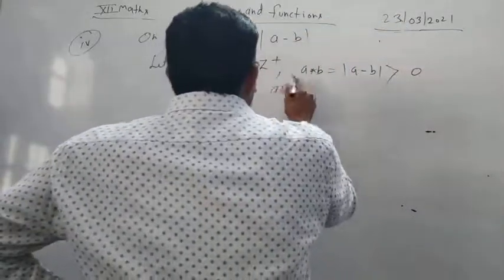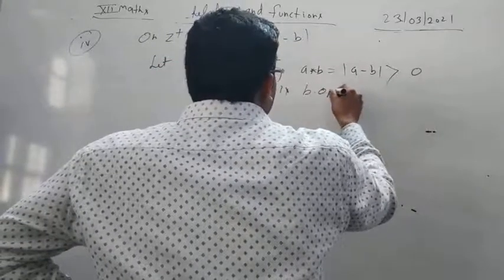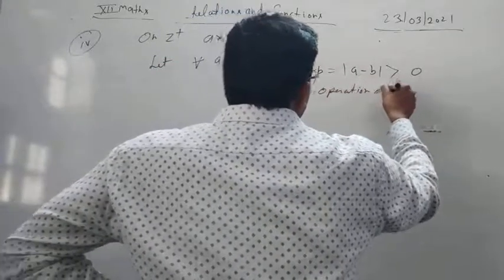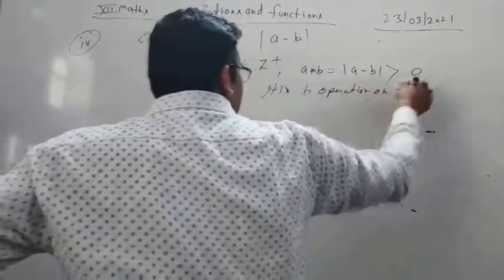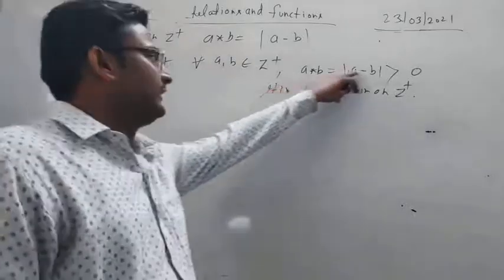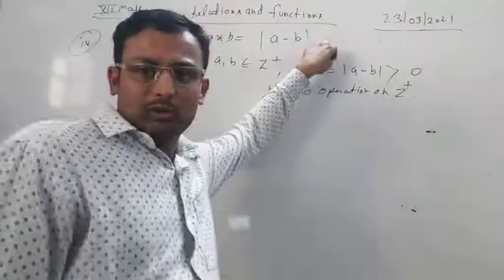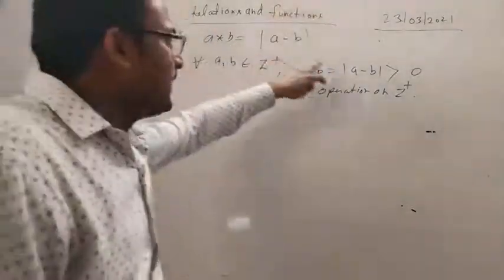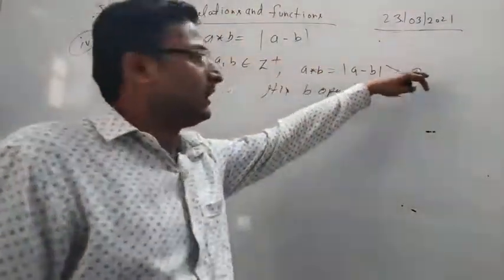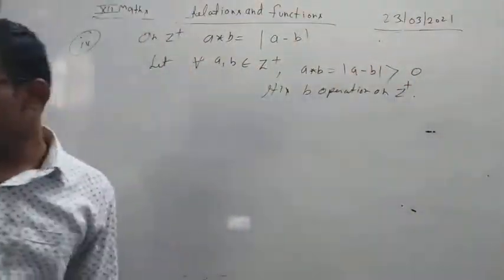So it is a binary operation on Z plus. Because if we take any two elements A, B of Z plus, we always get a positive value due to the modular sign, so that's why it is a binary operation on Z plus.